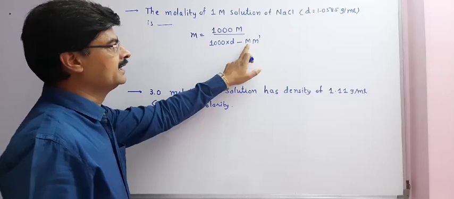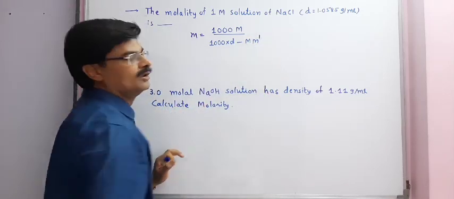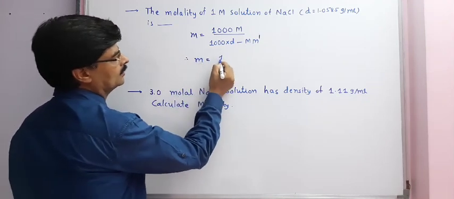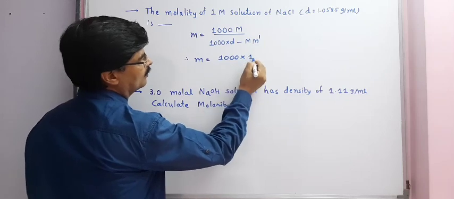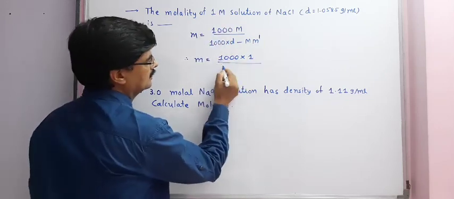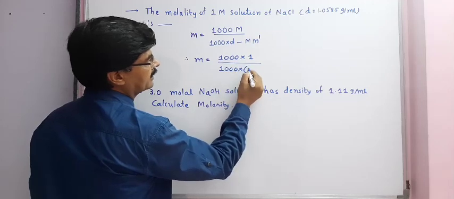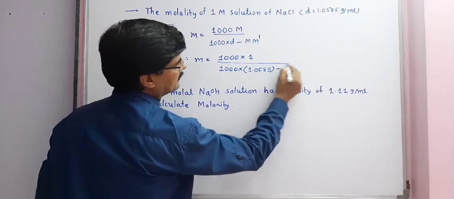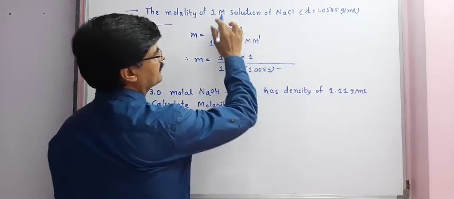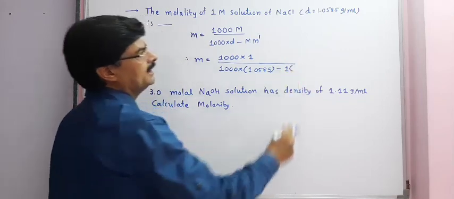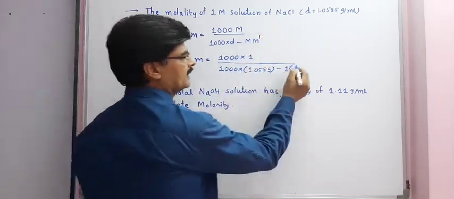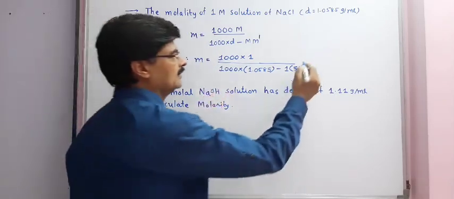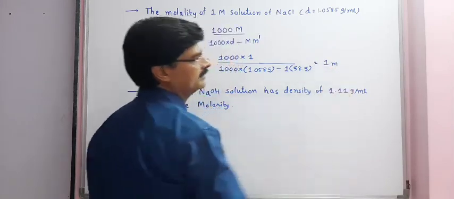Here M is molarity and m dash is the molar mass of the particular substance. Therefore, molality is equal to 1000 into molarity 1 molar, divided by 1000 into density 1.0585 minus M m dash. M is the molarity 1 molar, and for NaCl formula mass is 58.5. On solving this, molality will be 1 molal.